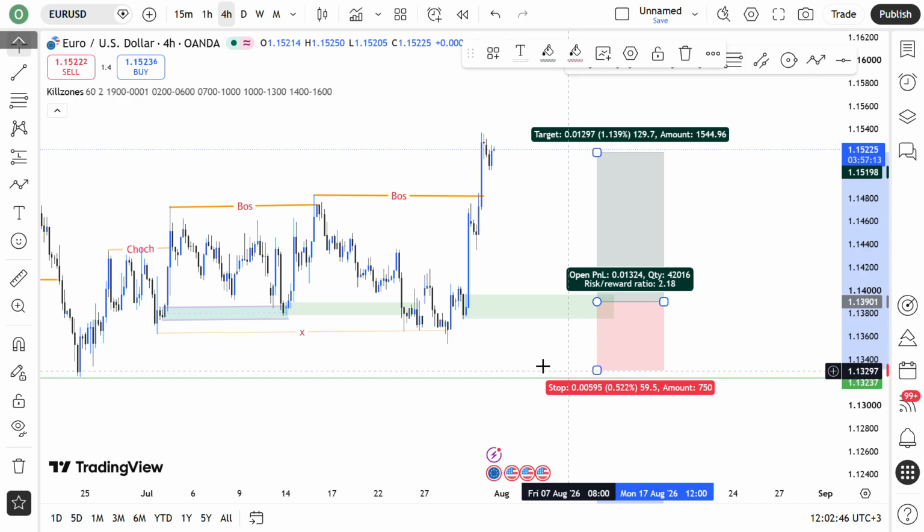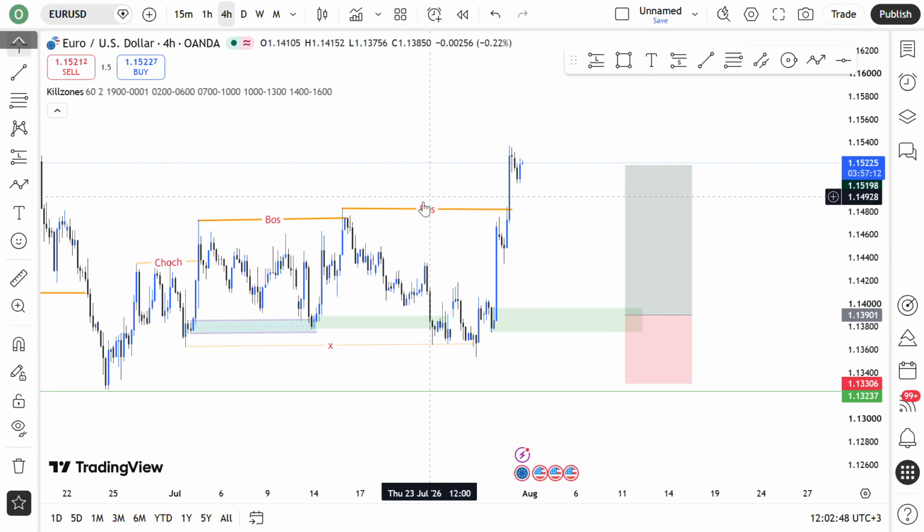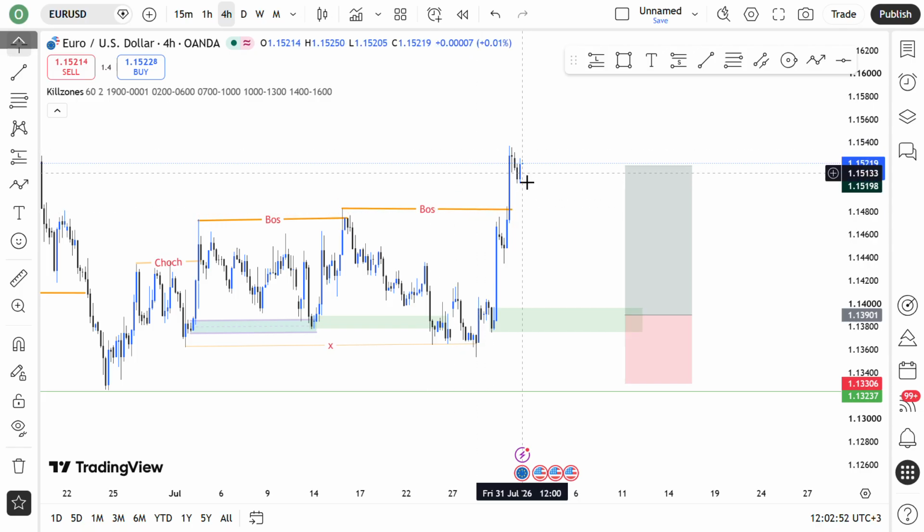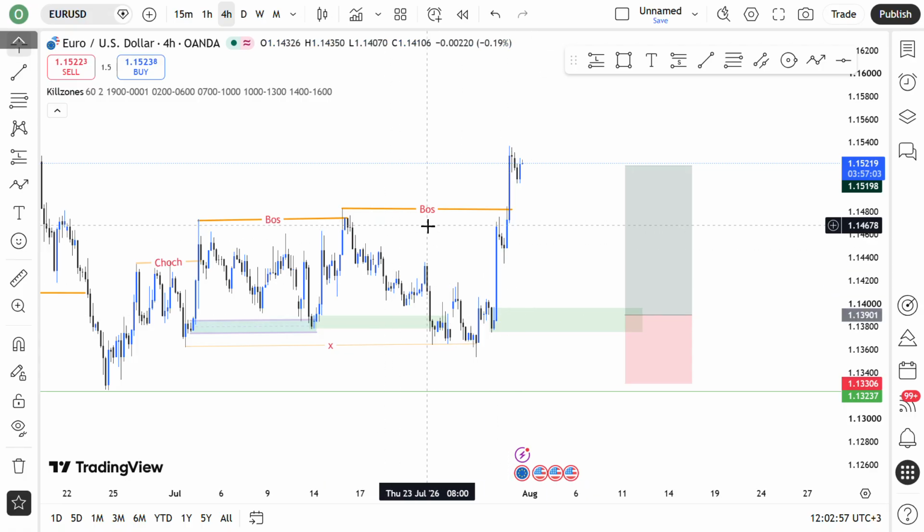So that's why on Euro USD we can see clearly that we have this break of structure, and now price is going to trade inside, and this break of structure signifies that we are on a current bullish momentum.